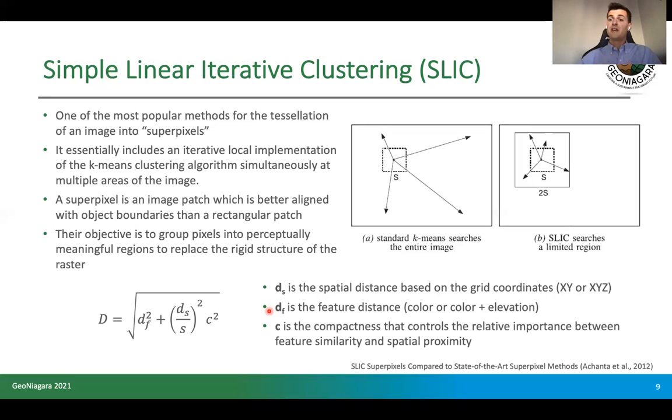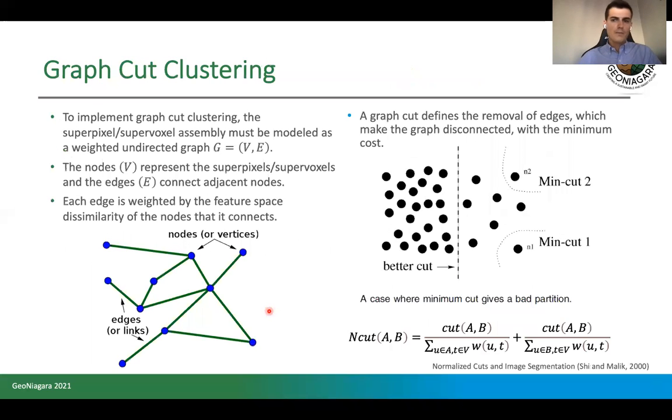The objective of superpixels or supervoxels is to group pixels and voxels into perceptually meaningful regions to replace the rigid structure of the 2D or 3D grid. Subsequently, these generated uniform entities are further merged using graph cut clustering.